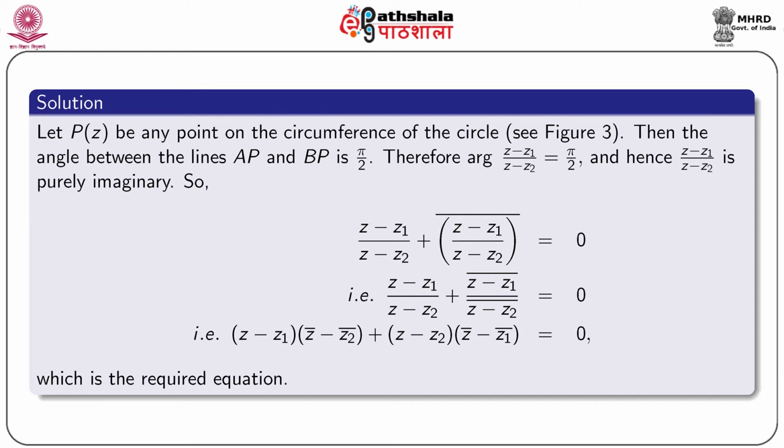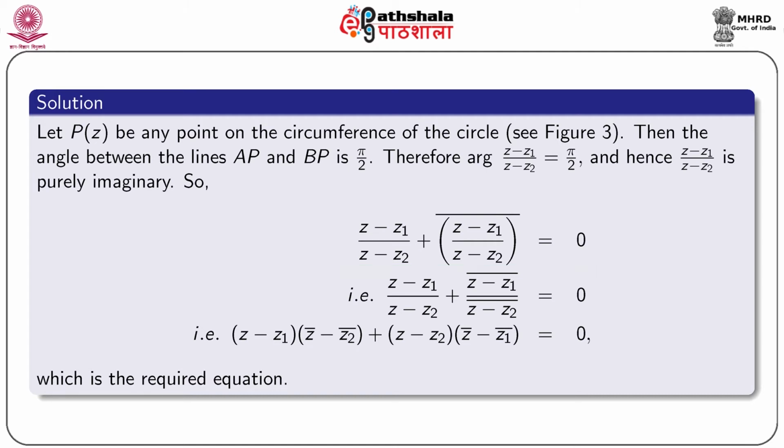And we know that if z is any complex number and if z is purely imaginary, then z plus z bar is equal to 0. So, in this case we obtain (z minus z1) by (z minus z2) plus conjugate of (z minus z1) by (z minus z2) is equal to 0.